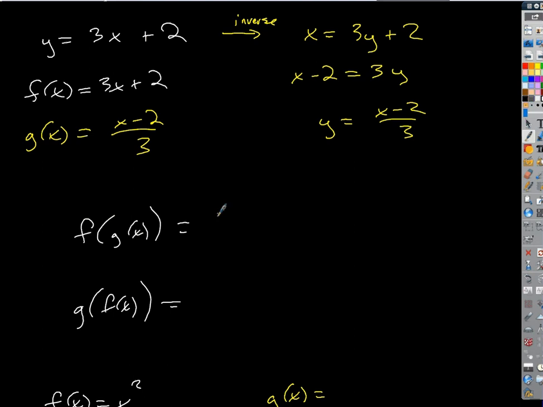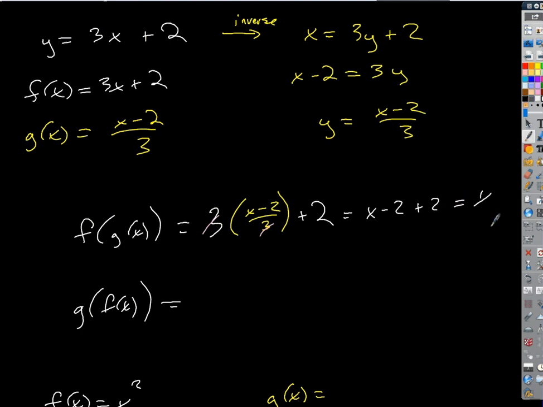So I'm going to get 3 times g of x, which is x minus 2 over 3, plus 2. Well, what's that give me? 3 times x minus 2 over 3 is just x minus 2, agreed? Because I'm going to get some cancellation there. The 3's cancel. And x minus 2 plus 2 is equal to x.